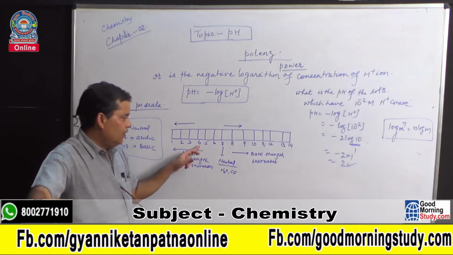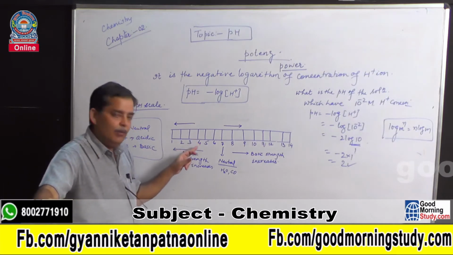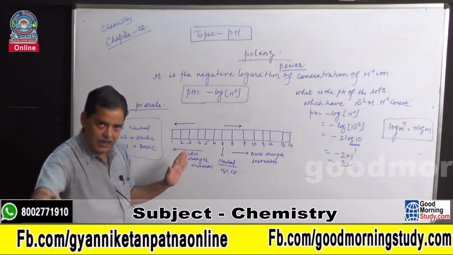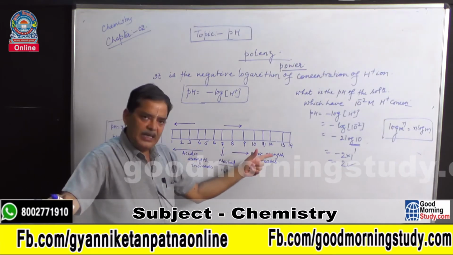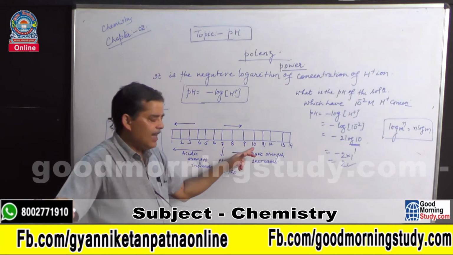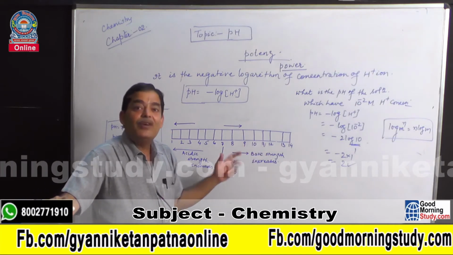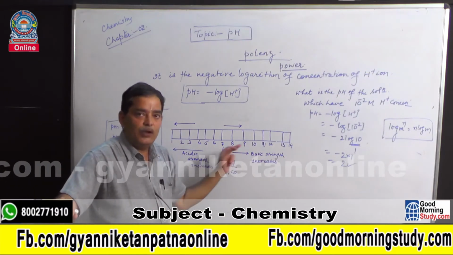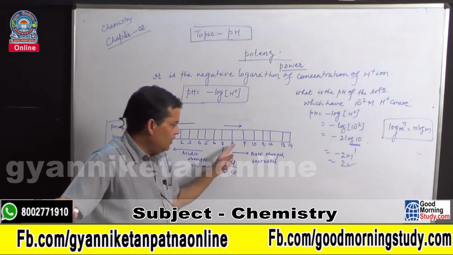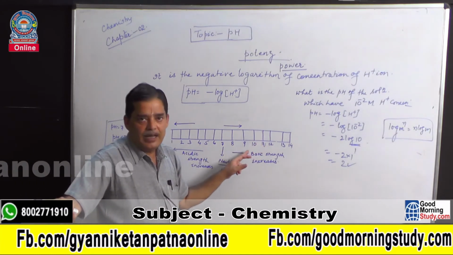Which one is more acidic? Obviously substance A will be more acidic. Now in case of base, if substance A has pH 10 and B has pH 11, which one is more basic? Obviously the basic strength increases when we go from left to right in the pH scale, so B will be more basic than A.